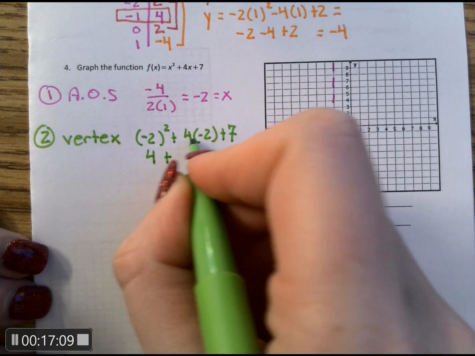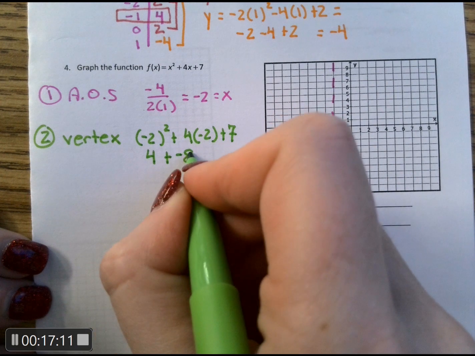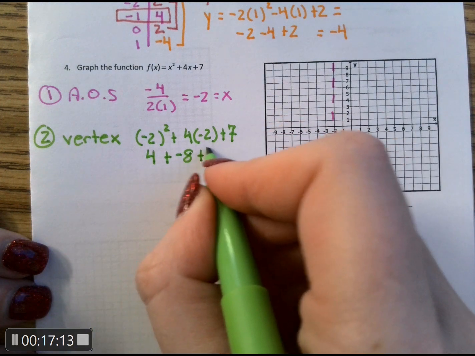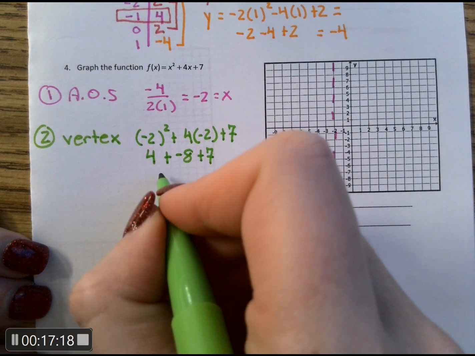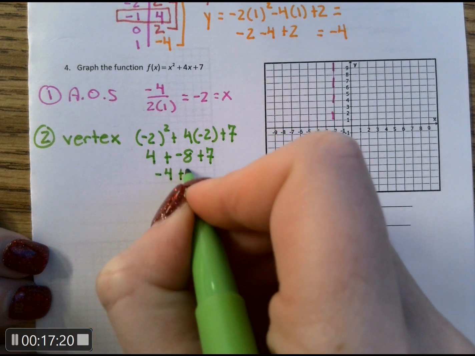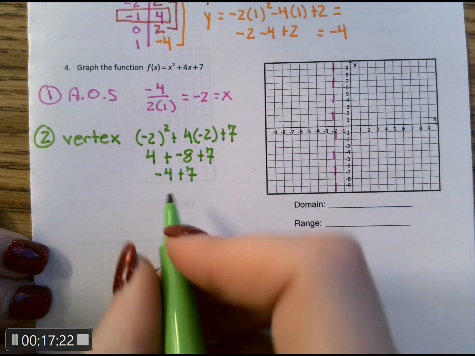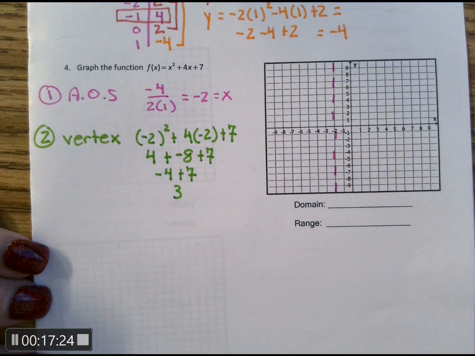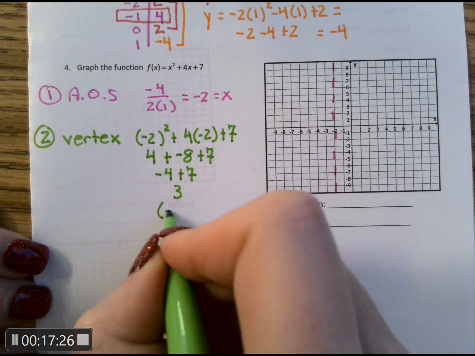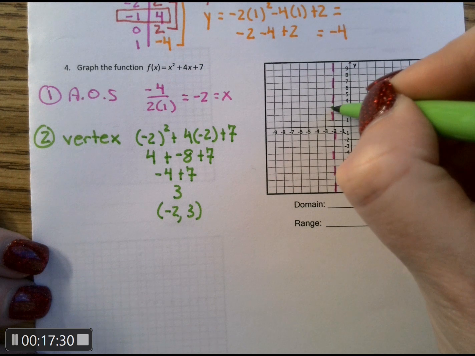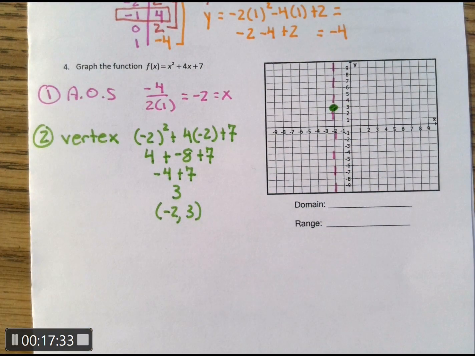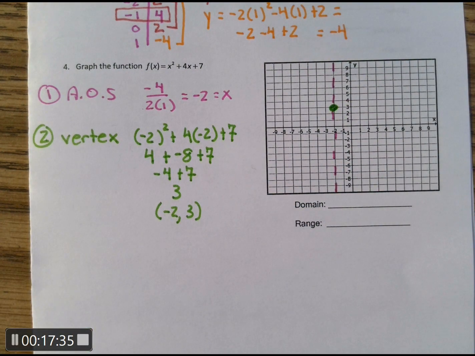And then 4 times -2 will give us a -8, and then plus 7. 4 plus -8 will give us -4 plus 7. -4 plus 7 gives us +3. So our vertex is -2, +3. Graph it. Alright, next step, table of values.